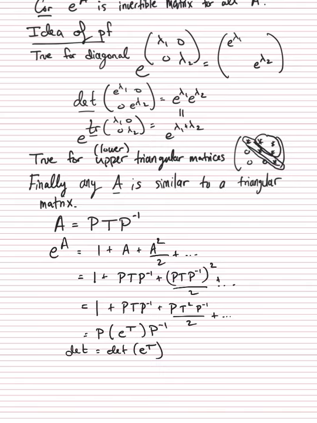And the exact same thing happens for the trace. I'm getting the trace, or e to the trace of PTP inverse is e to the trace of T. Okay, so once I've started with my matrix A, if I've gotten it being similar to a matrix which is upper triangular, then I can immediately, since both of these are similarity invariants, just deal with the upper triangular case, which is what we showed before.